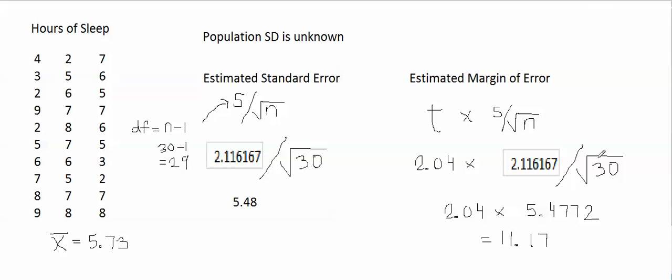And let's review what the margin of error means. The margin of error shows the range that the sample mean is likely to fall in around the population mean, which is mu.